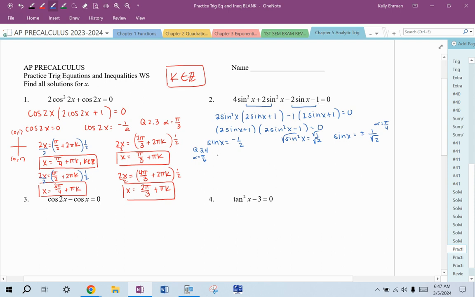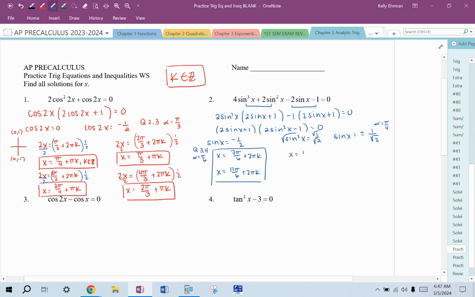So our first solutions from the first part are going to be x equals, in quadrant 3, it's 7 pi over 6 plus 2 pi k. And in quadrant 4, it's 11 pi over 6 plus 2 pi k. And then over here, we need all 4 of the pi over 4 angles because of the plus or minus.